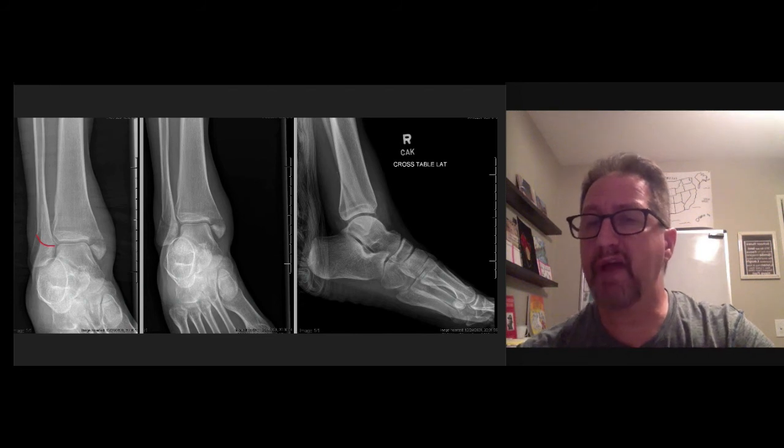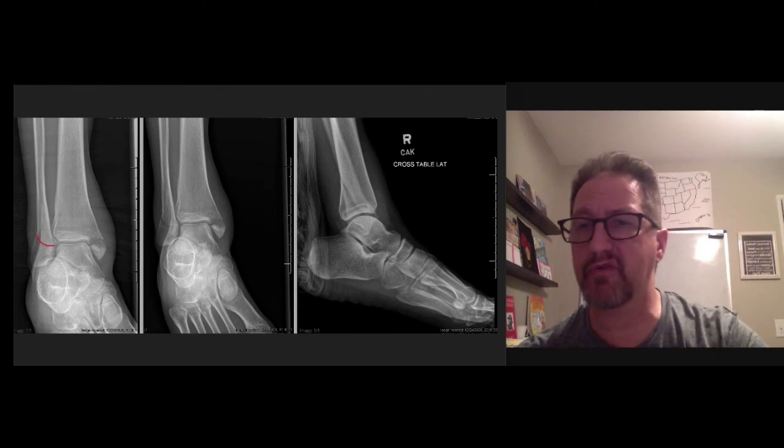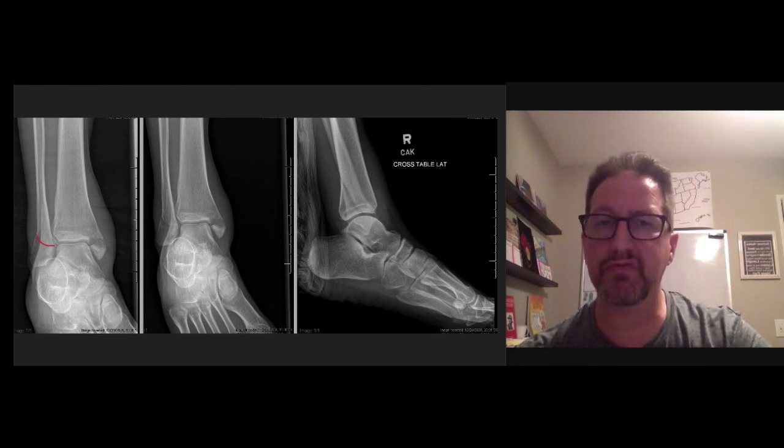So the fracture on the anterior posterior view looks like it's just a slight little curving fracture, but that is not true. Look at this instead, where I outline. This is actually the shape of the fracture.